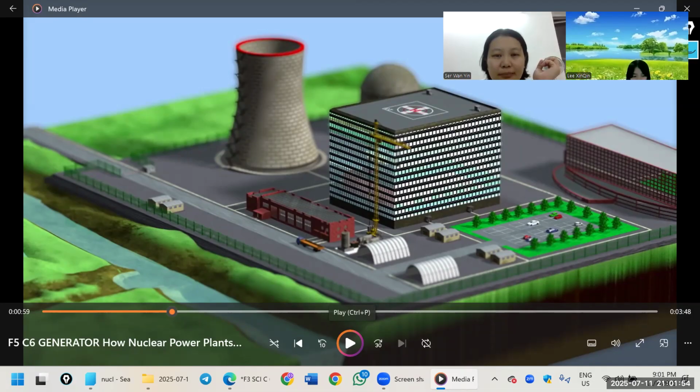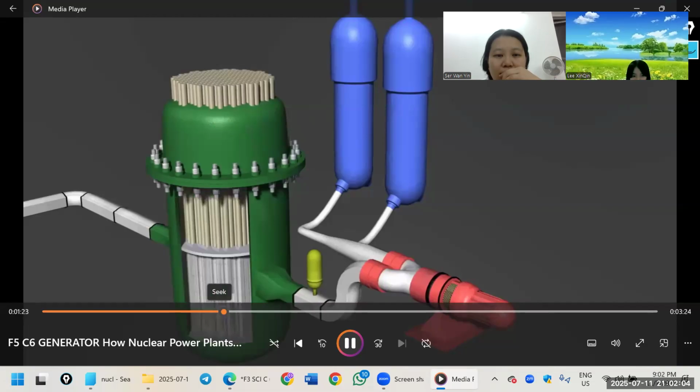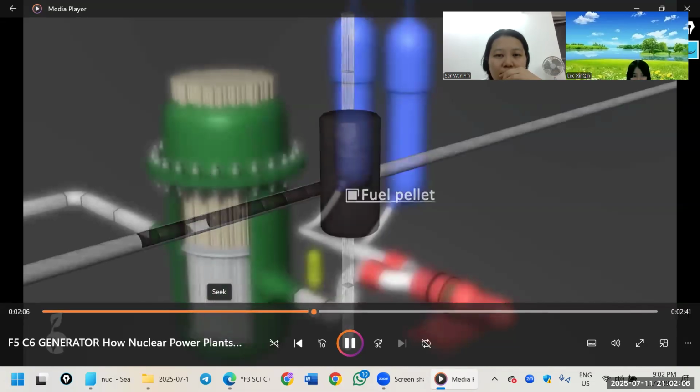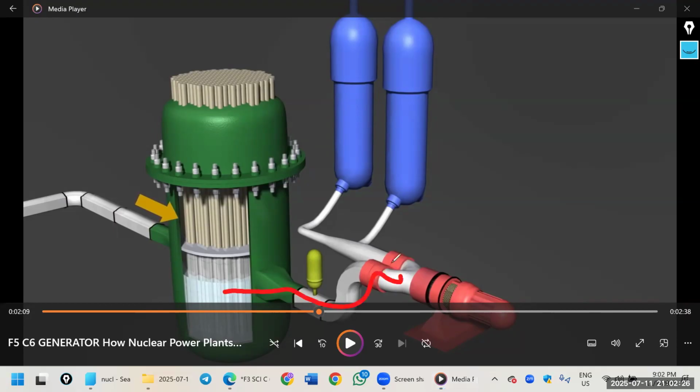A pressure vessel is where the nuclear reaction and the associated release of thermal energy takes place. Can you see, actually the nuclear fuel is inside the rods. Then the water goes through it, absorbs the heat and heats up and becomes steam. So now this water will heat up and become steam.